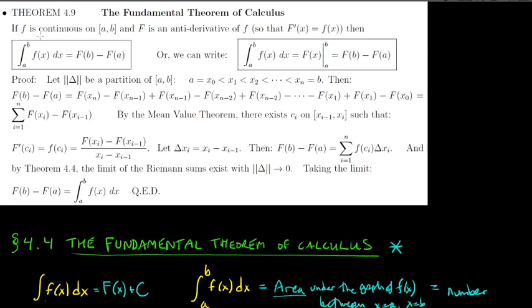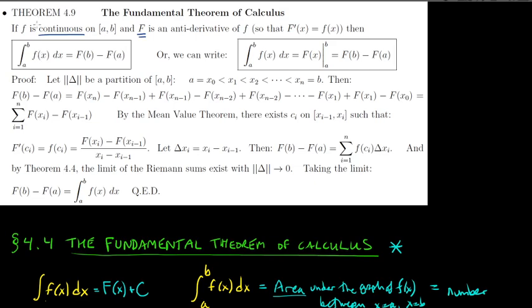So you have a continuous function on a closed and bounded interval, and your capital F is an antiderivative of little f. So the derivative of capital F, or capital F prime, is little f. So the definite integral from a to b of little f is just going to be the difference of evaluating capital F at a and b.